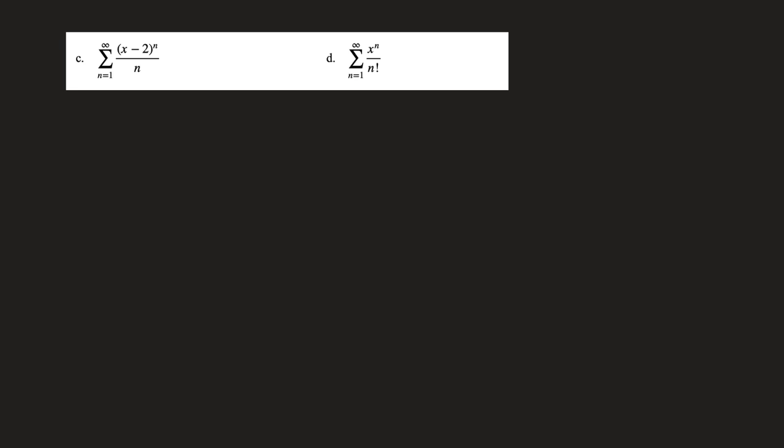Let's do two more examples, guys. You already found that this one has radius of convergence 1. How about this one? The radius of convergence is infinity. Let's start with C. The radius of convergence is 1, meaning the center is 2, absolute value of x minus 2 is less than 1.